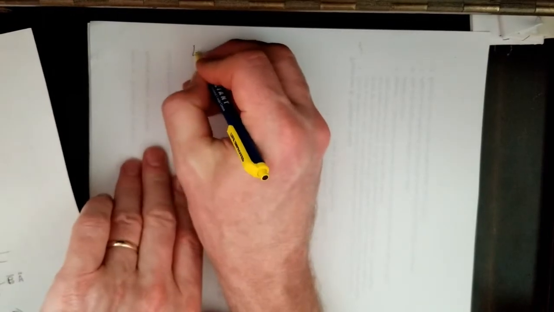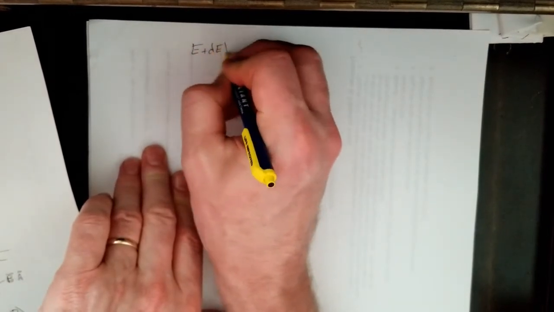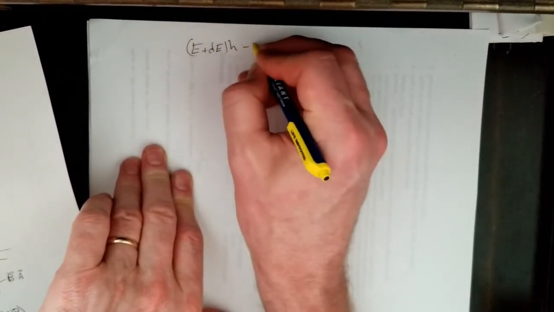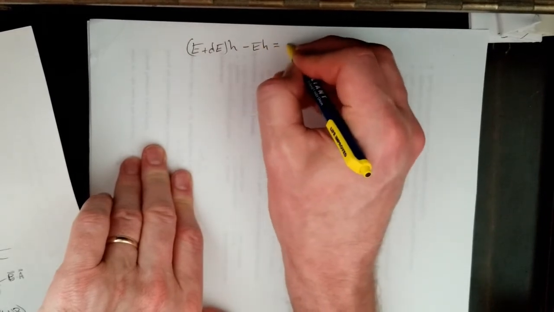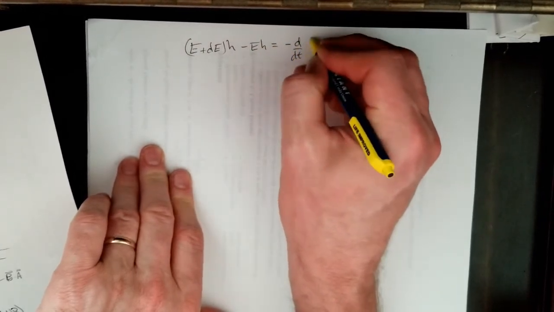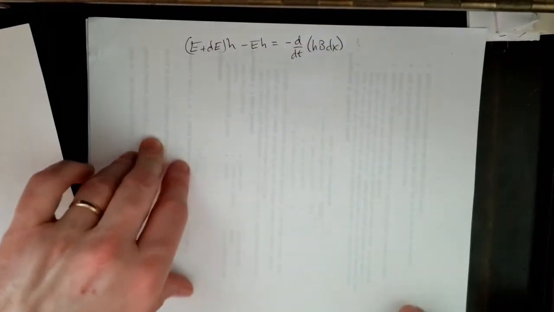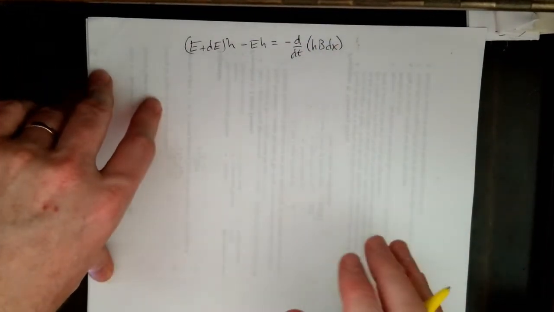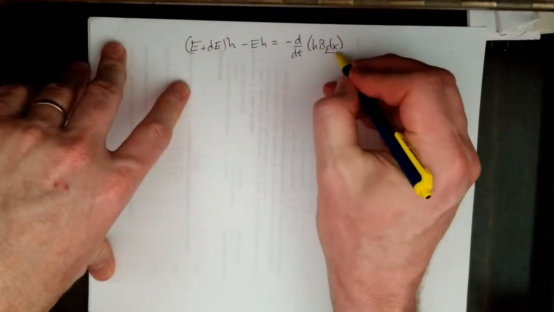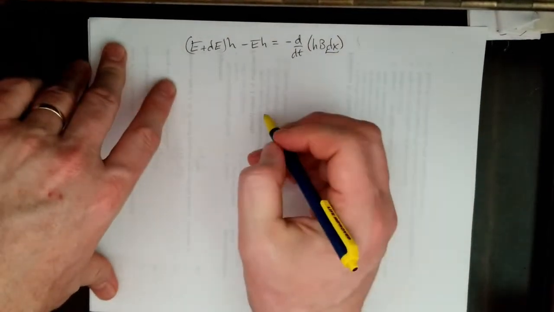So summarizing, we have (E plus dE) times H minus EH equals negative d/dt of (H B dx). Rearrange the order of the letters a little bit, and dx goes together.